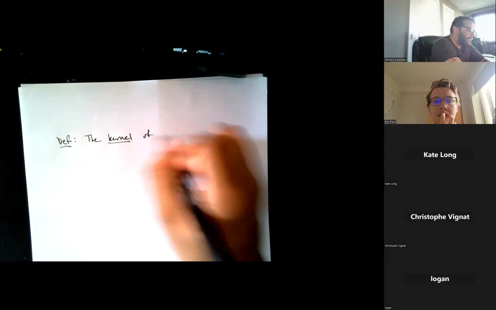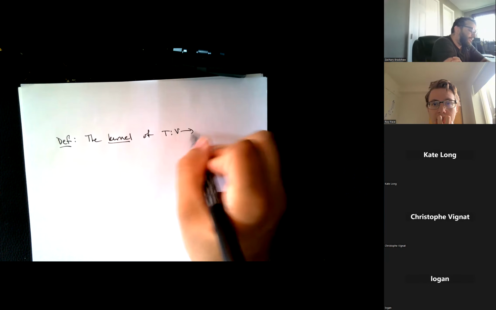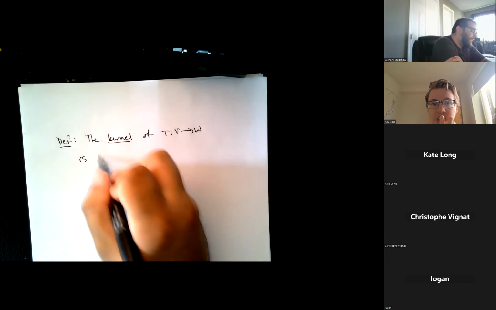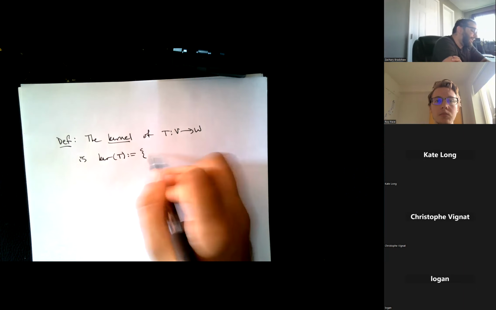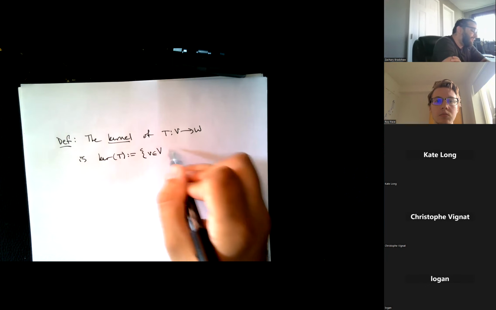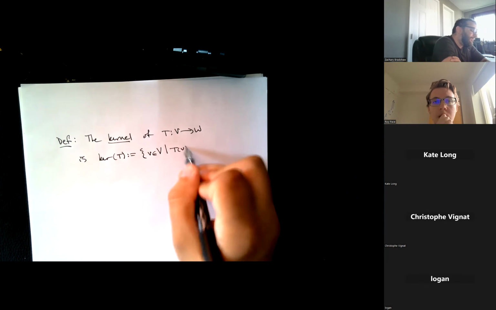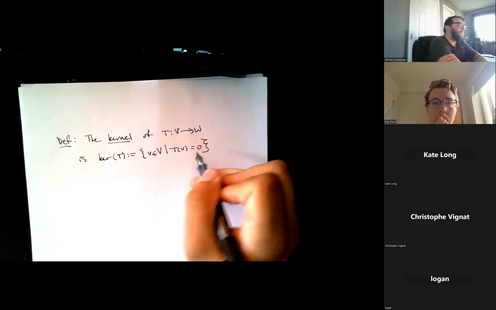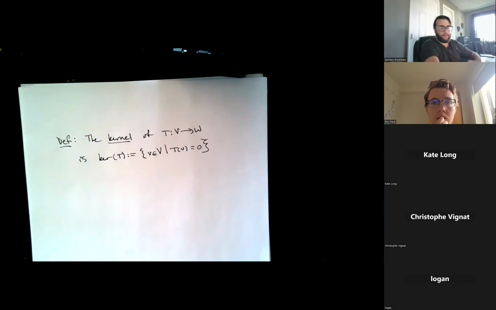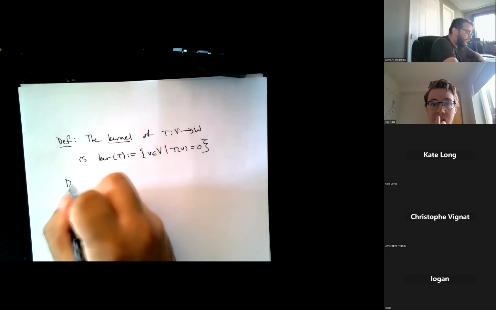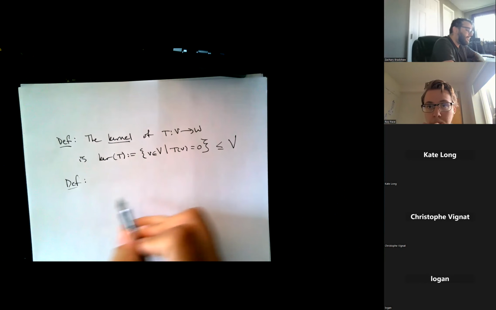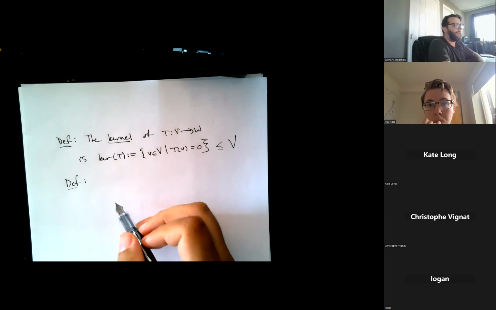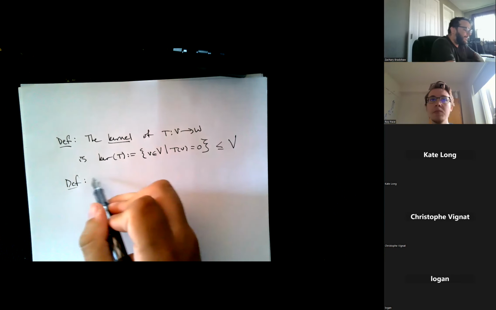The kernel of a linear map T from V to W is the set, kernel of T, which is defined to be all elements of V which get mapped to 0. Another important space. This is a subspace of V, by the way. So there's another problem for you: prove it's a subspace of V.